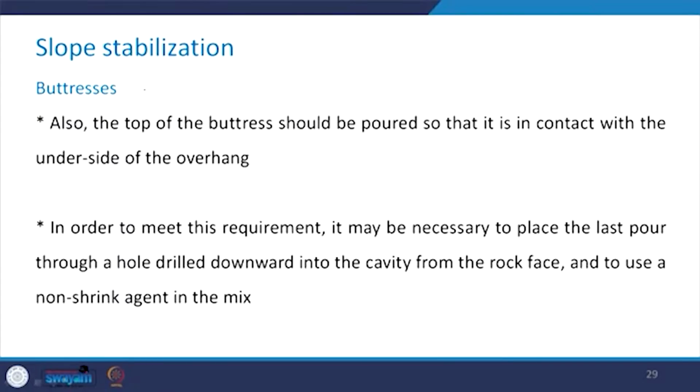Also, the top of the buttress should be poured so that it is in contact with the underside of the overhang.